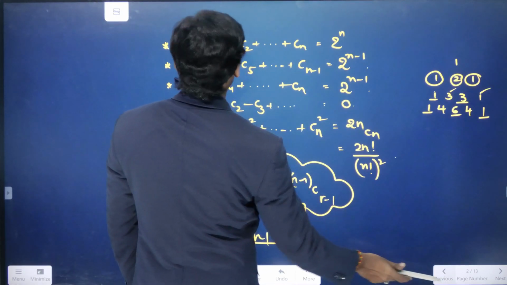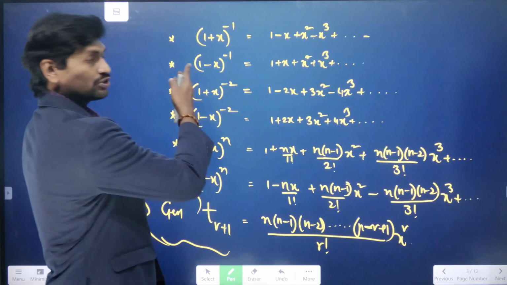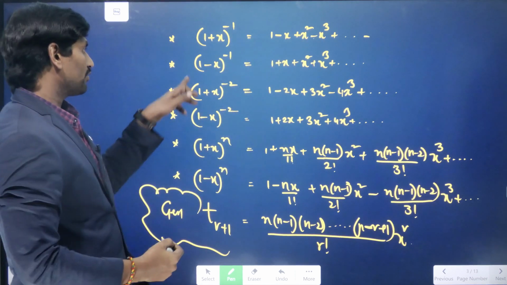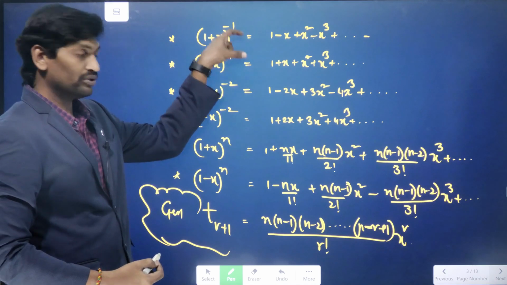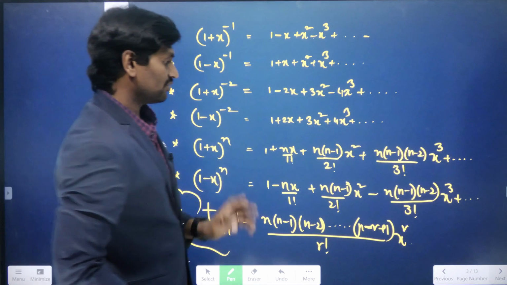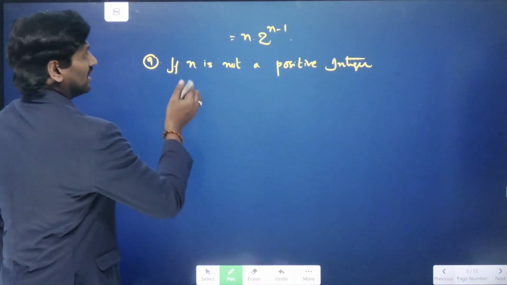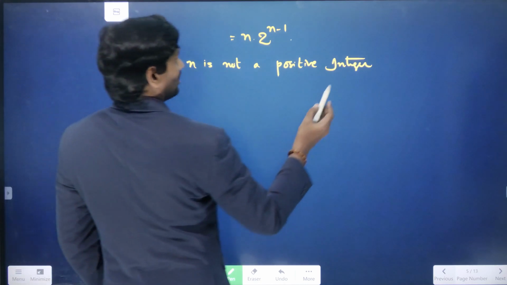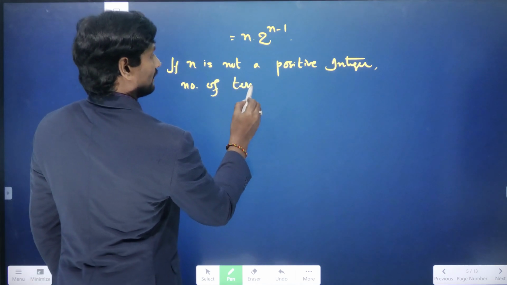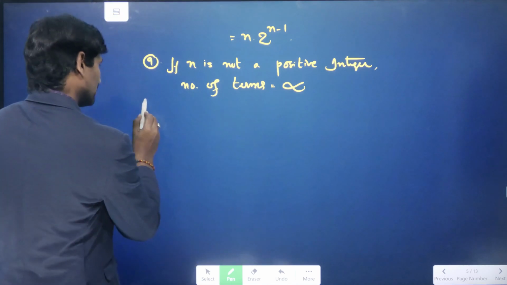I have already expanded that here. See this one, (1 minus x) whole to the power of minus 1, negative integer, it is giving a total number of terms that are infinite. It continues like that only. So from this we can write the number of terms if n is not a positive integer is infinite. Okay? That symbol is given, so you can check that symbol.